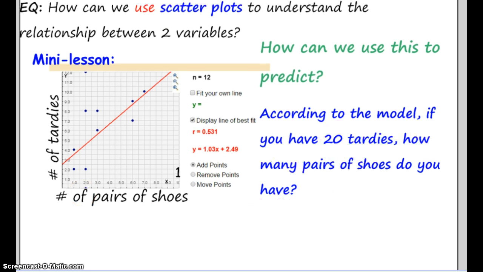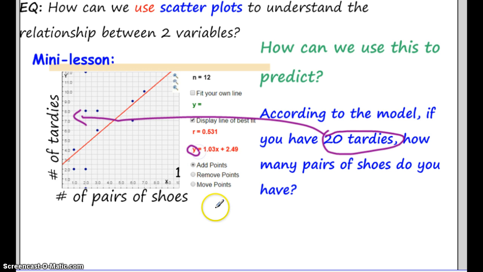Now, our next one says, according to the model, if you have 20 tardies, how many pairs of shoes do you have? Now I can see that tardies is on the y-axis, so we're going to substitute that in for y. So I've got 20 equals 1.03. This time we don't know x, so we're going to leave it as x, plus 2.49.